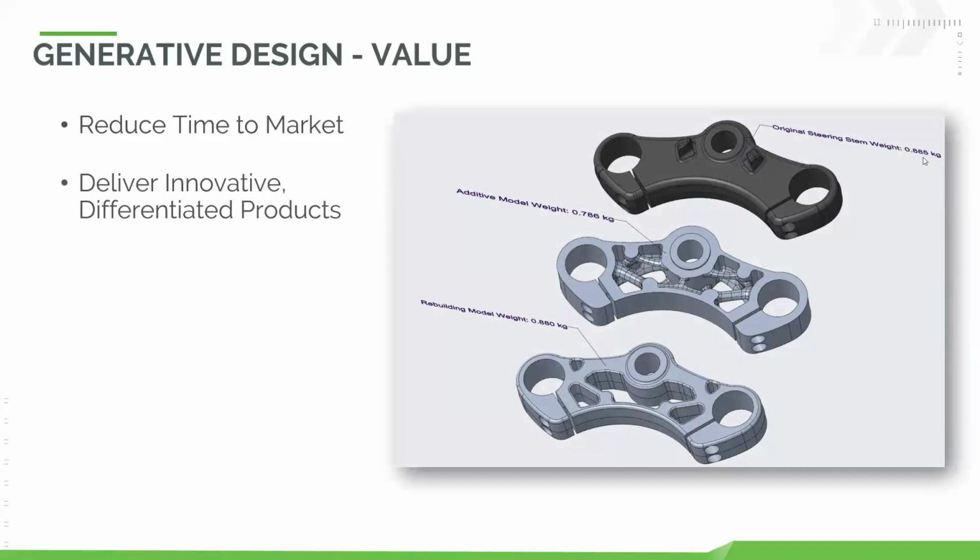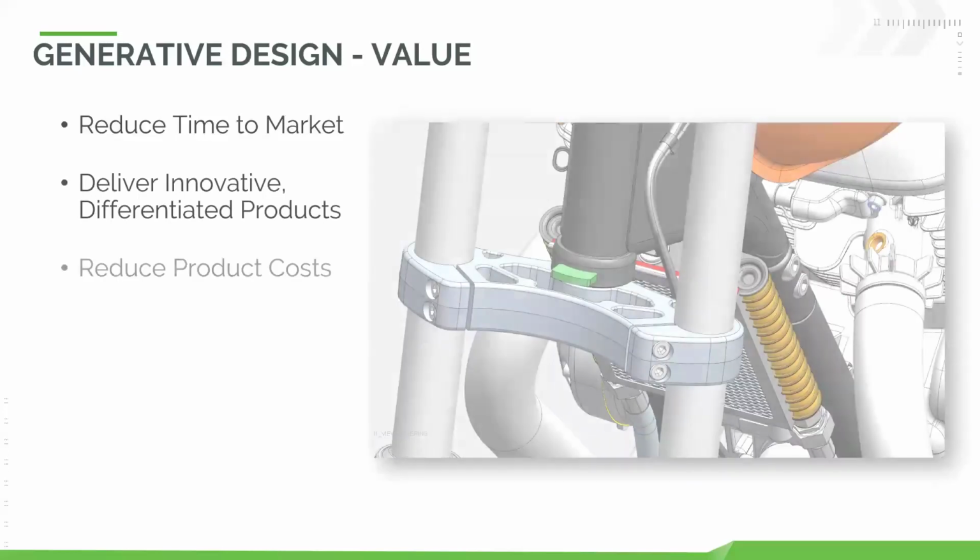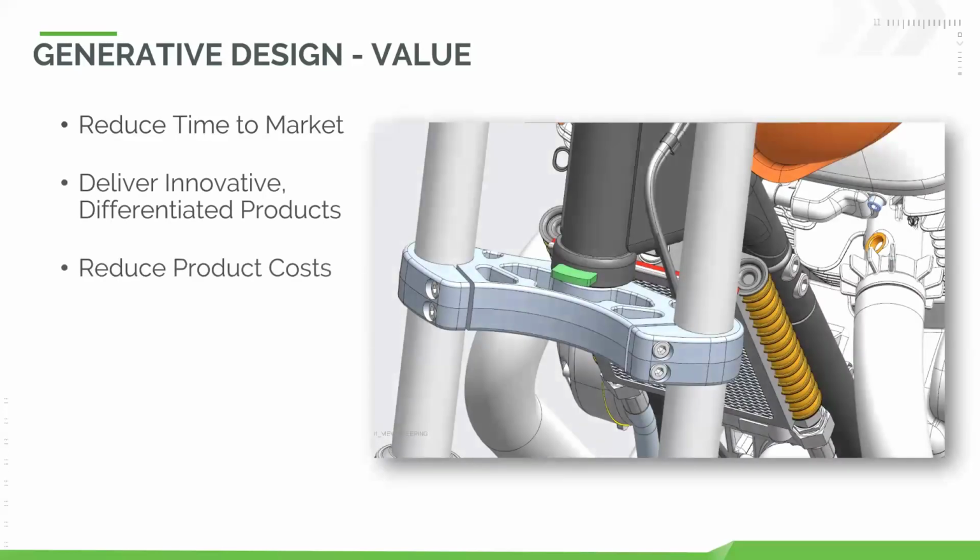It could help from an innovation point of view to help you differentiate your products, maybe create something new that hasn't been created out there yet, and still reduce a lot in terms of cost, whether it's the cost of the material, whether it's the amount of material that you're using. If you're incorporating sustainability into your design process, maybe reducing the type of material that you're using, changing it, taking those factors into play, the number of parts that you're iterating on, if you're using any physical prototypes or even iterating into CAD.